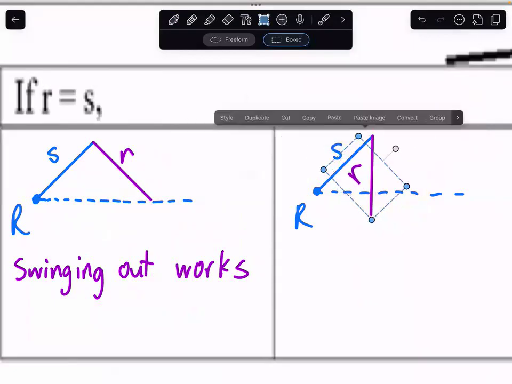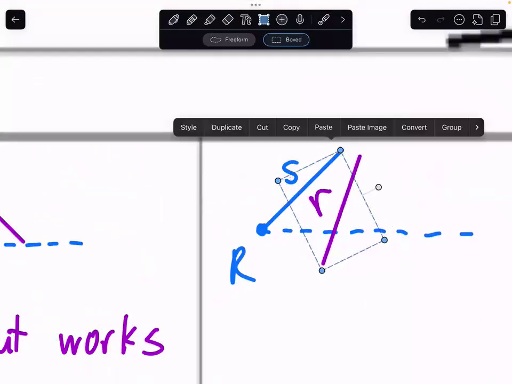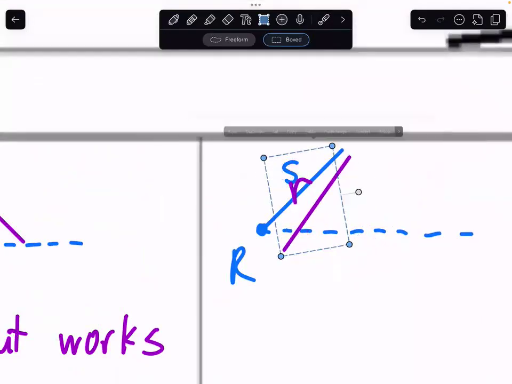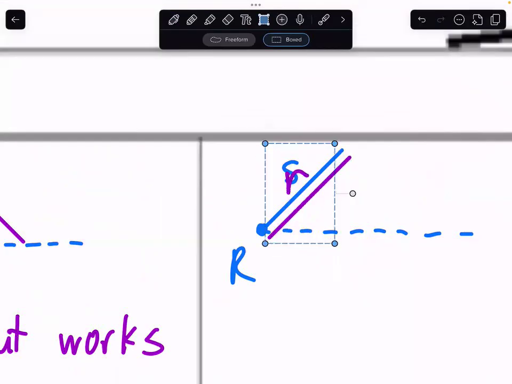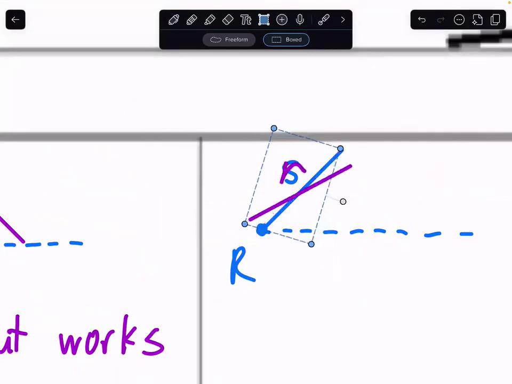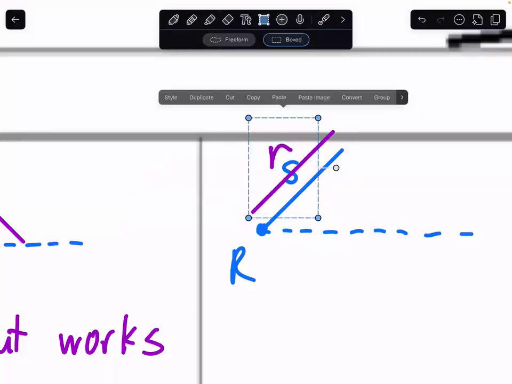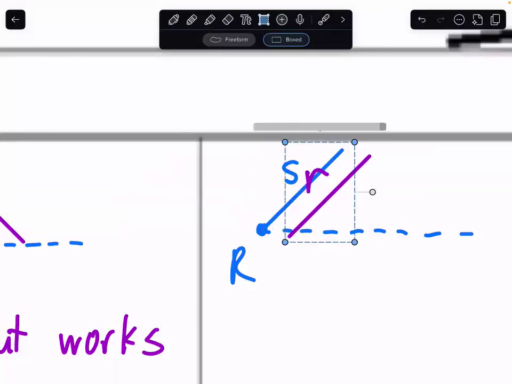It cuts through the bottom. But can we form a triangle by swinging inward? Let's try. Swing inward, still too low. Swing inward, still too low. Swing further inward. No, that's two sides overlapping, which means no triangle is formed. And if you swing further out, you don't land on the bottom. So if you try to swing inward, it doesn't work.